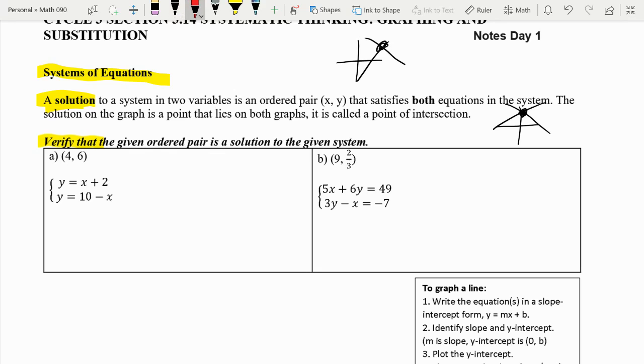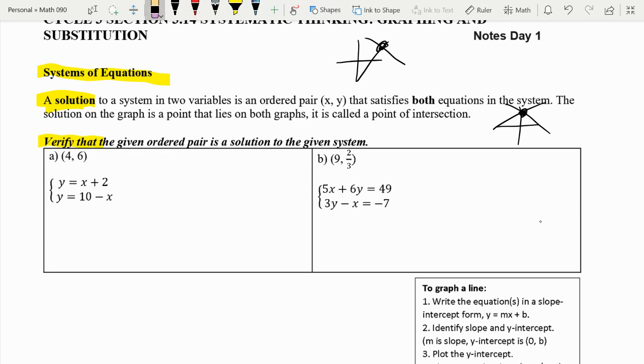Now, with this first section here, it says verify the given ordered pair is a solution of the system. All we're doing is just plugging in this ordered pair into these two equations.